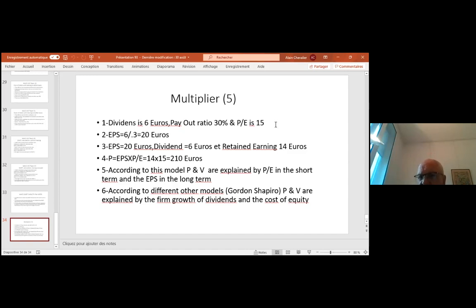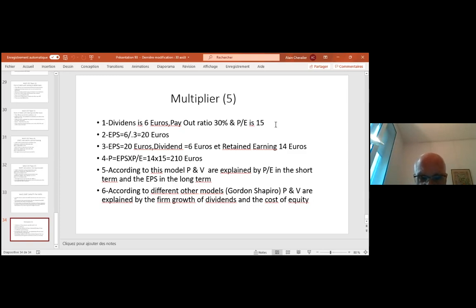It means that in the short term, the changes and modifications are due to the price earning ratio. And price earning changes are due, as we know, to interest rate modification, budgetary decisions, banks' difficulties, and so on.